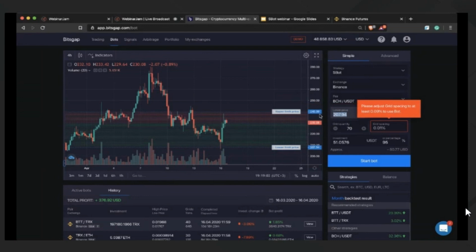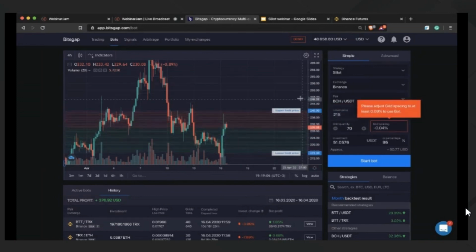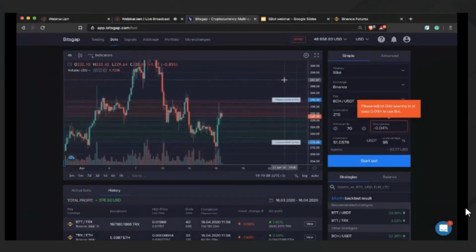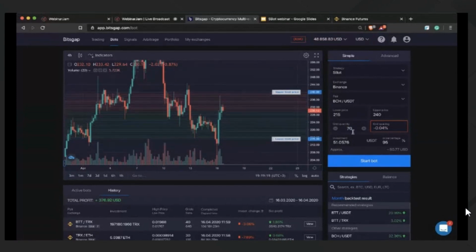And my lower price, let's say 215, something like that. So that's another way of how you can adjust grid lines. Here you can see that you can also adjust the grid quantity. That basically means how many buy and sell orders all combined you will have.